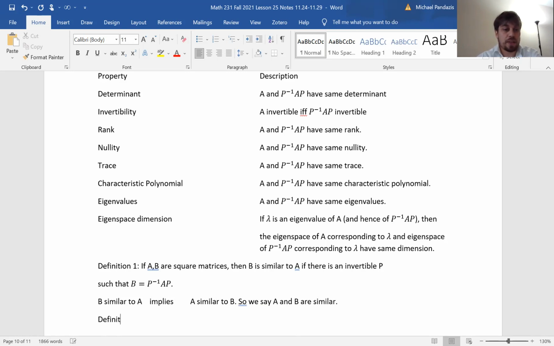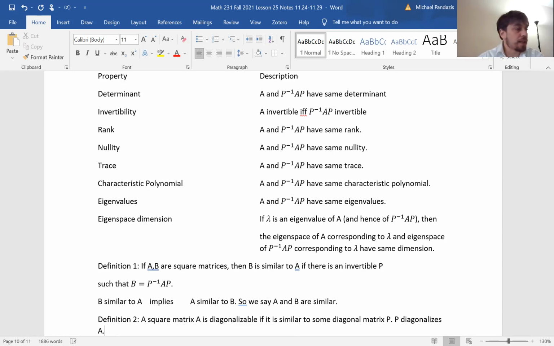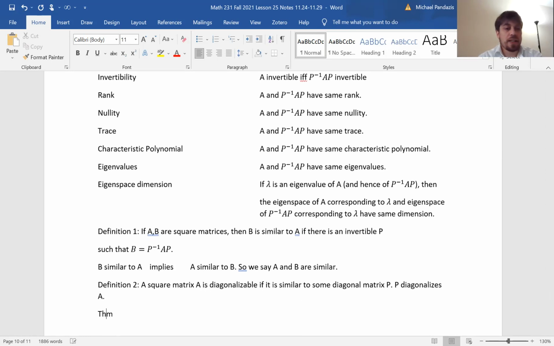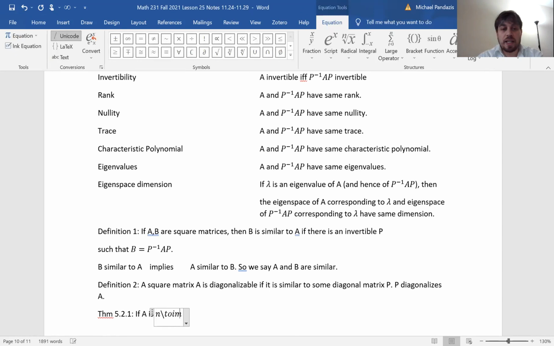Definition 2: a square matrix A is diagonalizable if it is similar to some diagonal matrix. P diagonalizes A.